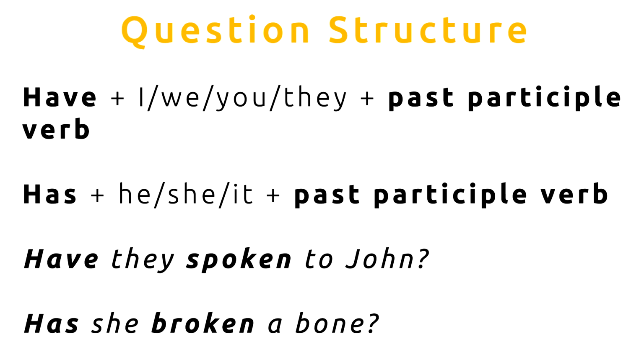For example, have they spoken to John? Spoken is the past participle of the verb to speak. And the second example says, has she broken a bone? Broken is the past participle of the verb to break. So that is the question structure.